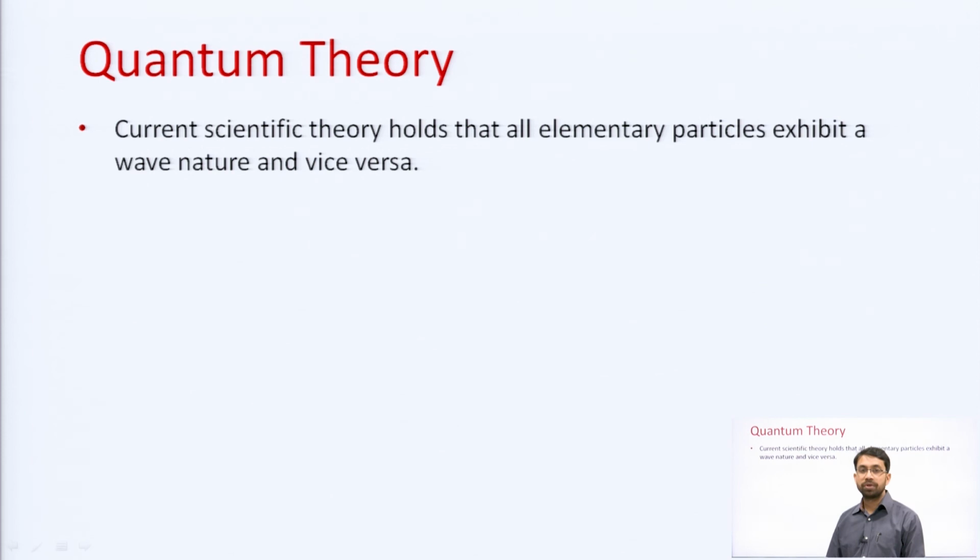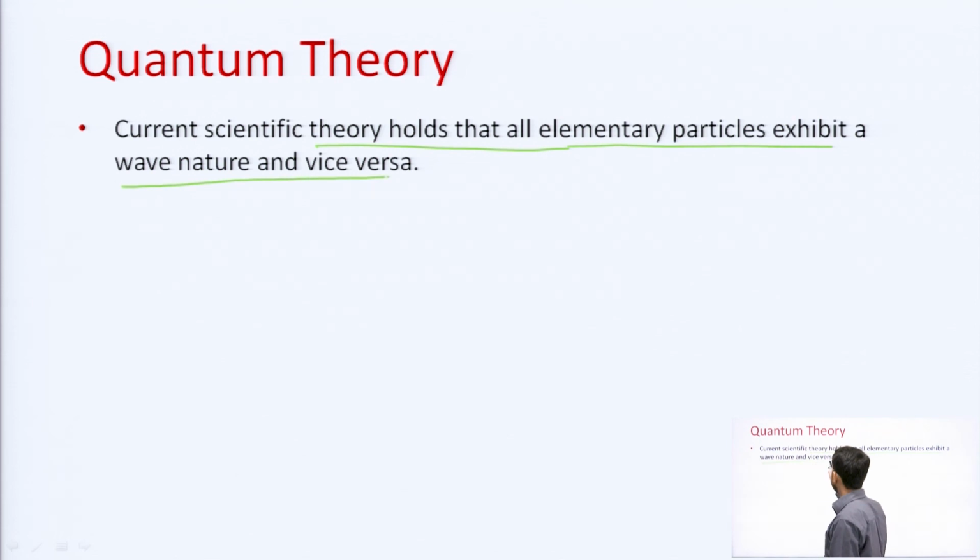So, what is the current consideration? Current scientific theory holds that all elementary particles exhibit a wave nature and vice versa. All elementary particles, very small particles, electron, photon, proton, every elementary particle has wave nature.